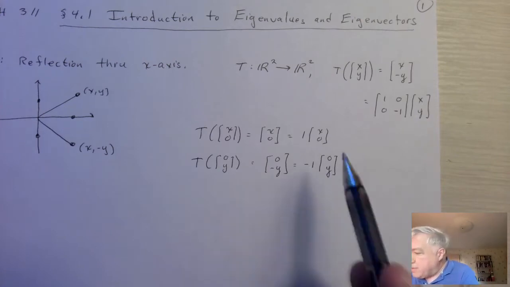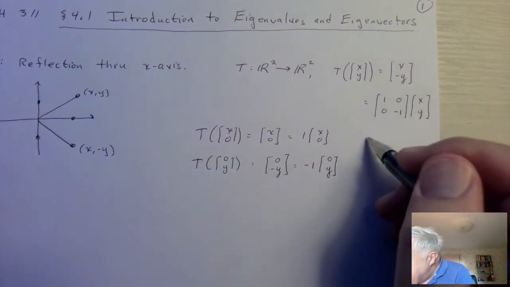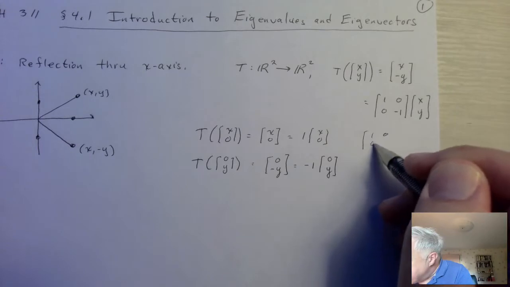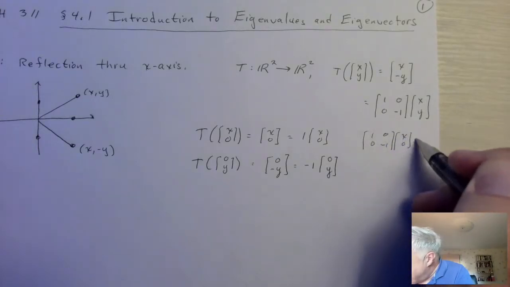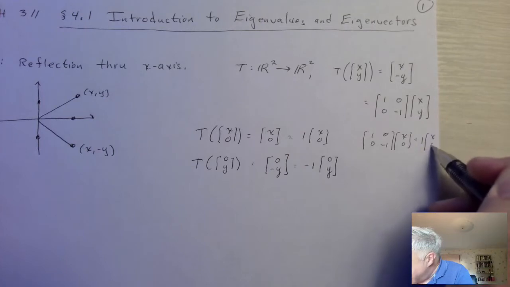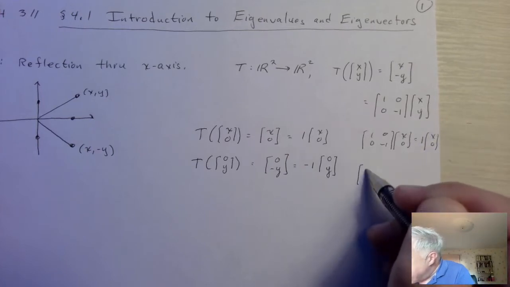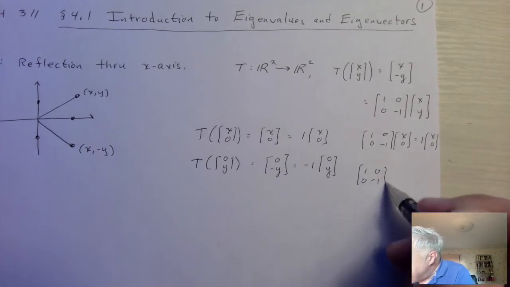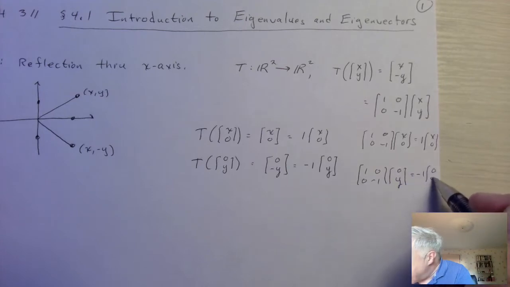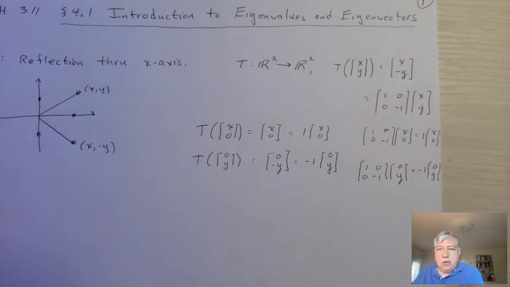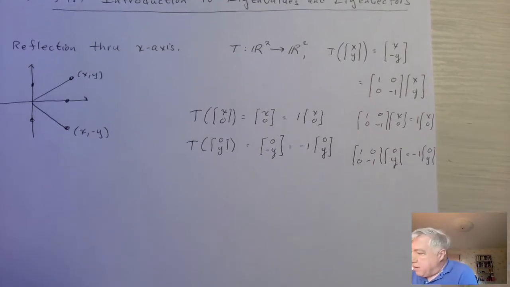By the way, this is the same thing as saying that [1, 0; 0, -1] times (x, 0) is 1 times (x, 0), and [1, 0; 0, -1] times (0, y) is the same as negative 1 times (0, y).